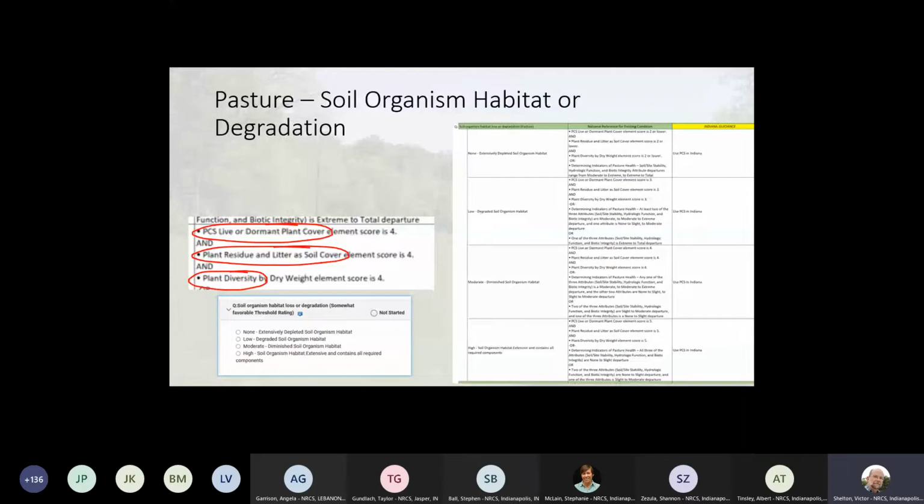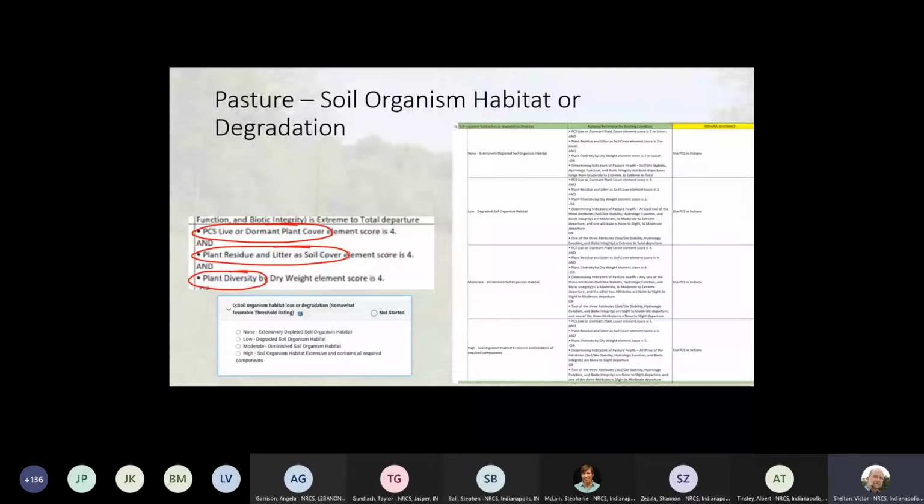This here, it is using the same indicators as the last question: live plant cover, plant residue, and plant diversity. And it's not looking at soil compaction and soil regenerative features, but you still could use that as a little bit of a background indicator. But when you're answering the questions, you should base it off of indicators.